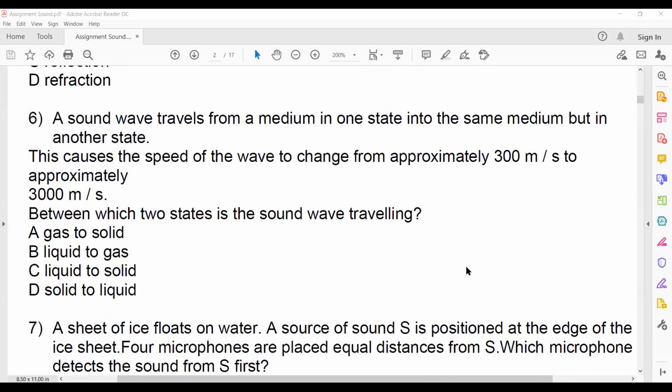A sound wave traveling from a medium in one state into another causes the speed of the wave to change. Between which two media is it traveling?